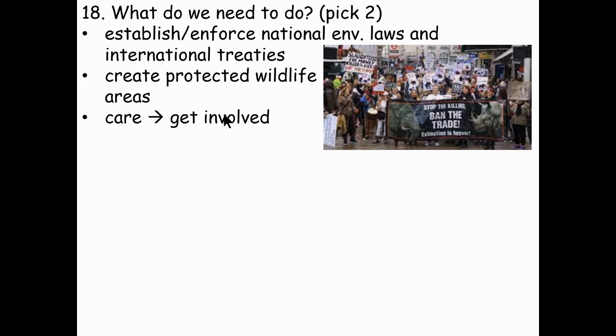And getting involved can be demonstrating, like these individuals in the picture. Getting involved can simply be raising your family the right way, reading ingredients, voting for lawmakers that are going to do what you want to do, talking about it with people.